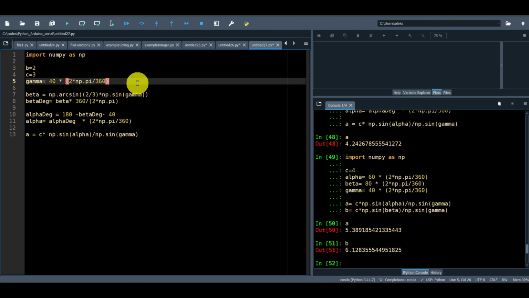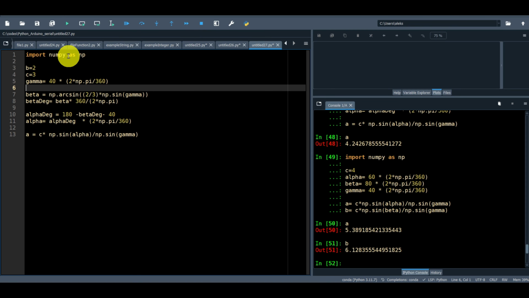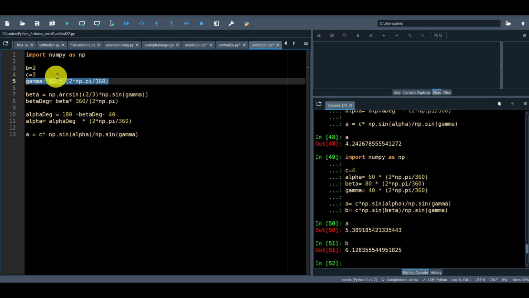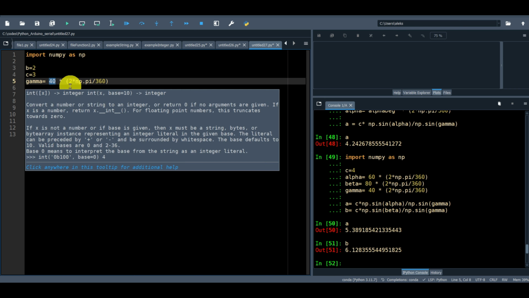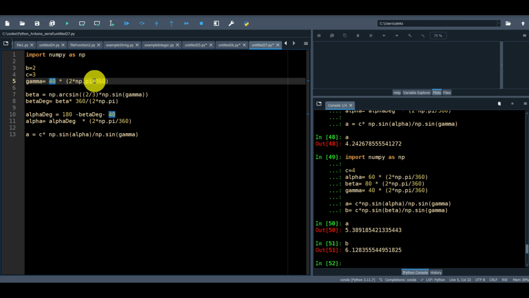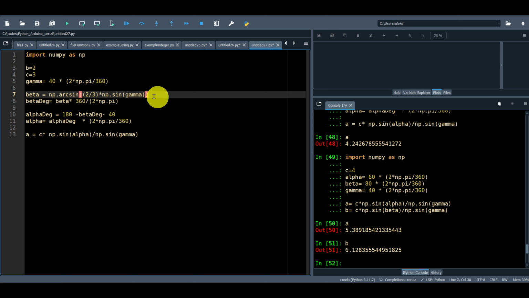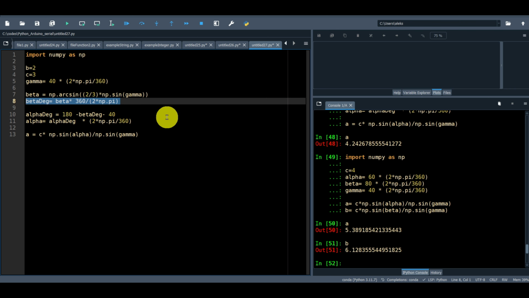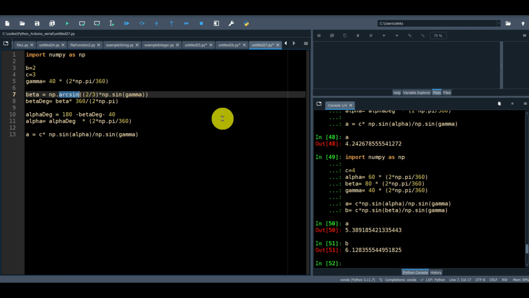Over here is my Python code for solving this problem. First of all, I import NumPy, then over here I define B, C, and the angle gamma in radians. Angle gamma in degrees is 40, and if I multiply 40 by 2 pi over 360, I will obtain radians. Then over here I compute beta by using the derived formula. Then over here I convert beta from radians to degrees, since the function numpy.arcsine will actually return the radians.